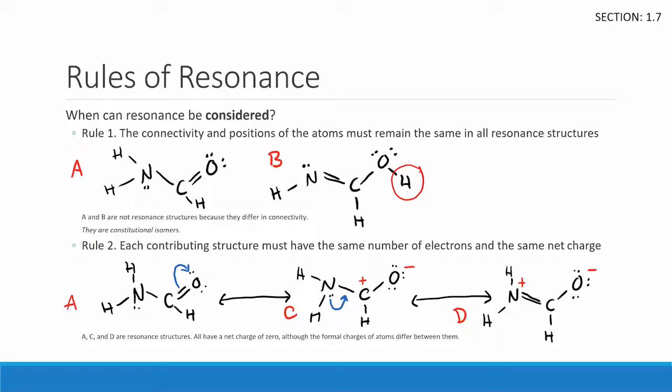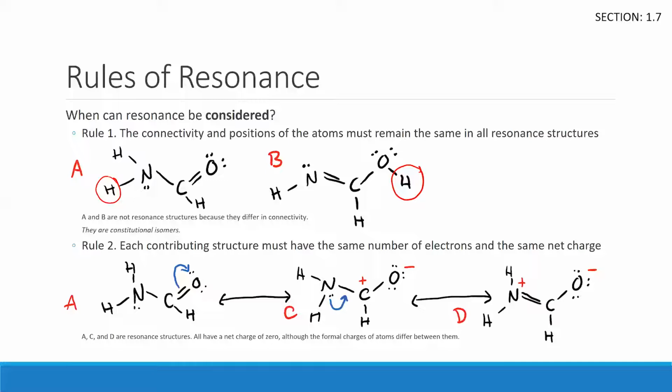This hydrogen is connected to an oxygen here, and it's connected to the nitrogen here. That is not allowed for resonance. Resonance is the same structure, but we're only moving electrons. In this case, we've actually formed an isomer because we've moved a connection of an atom from one atom to another. So these are not resonance structures, these are isomers.